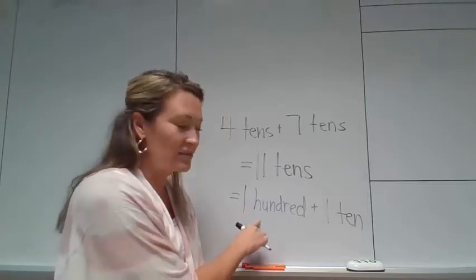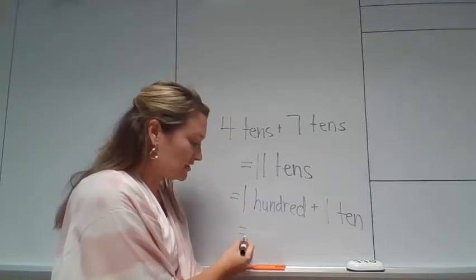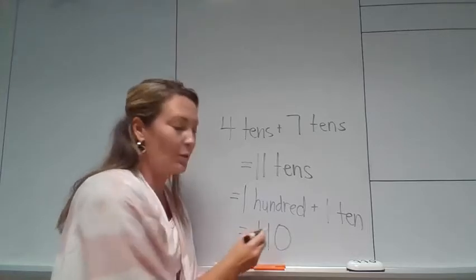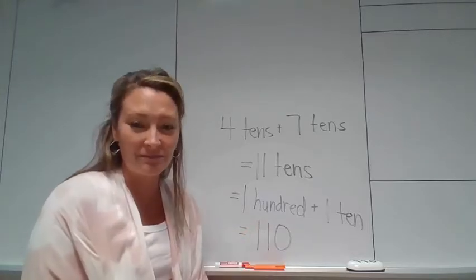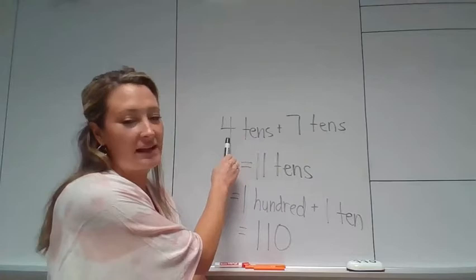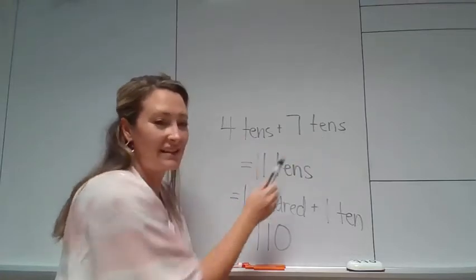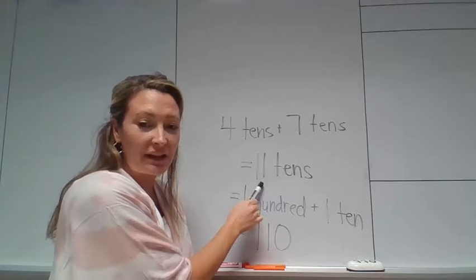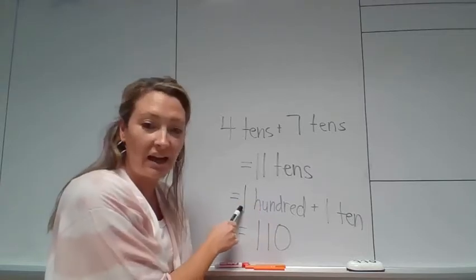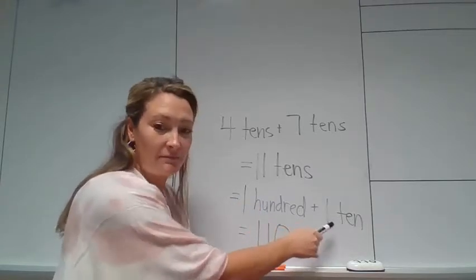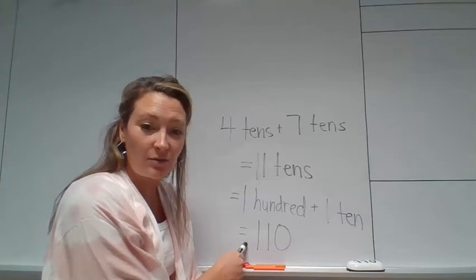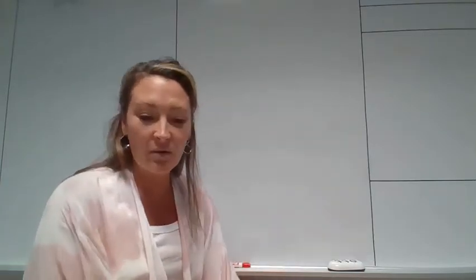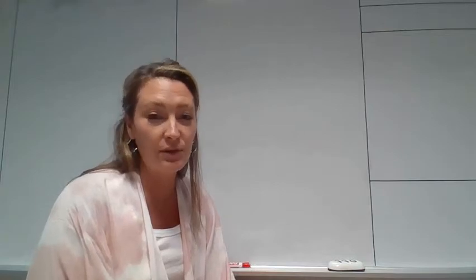But couldn't I also say that this is just equal to 110? Do you see how many different ways we can write this 4 tens plus 7 tens? We can say it's equal to 11 tens. I know that 11 tens is the same as 100 and 10, which I know is all equal to 110 ones.